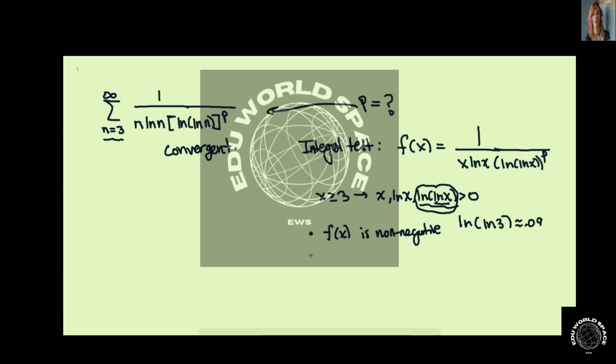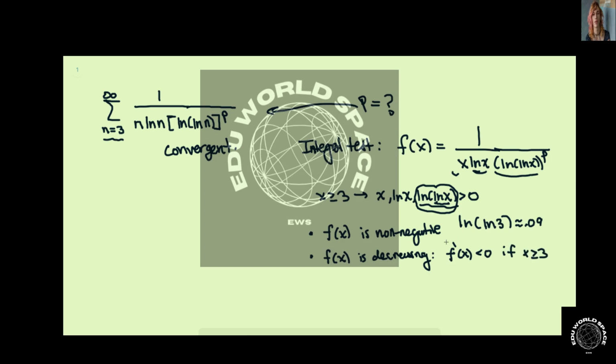Also, we need that f of x is decreasing. Now, the easiest way to see this is that as x gets larger, all these terms in the denominator also get larger. Another way to see this would be more difficult, but you could compute the derivative and then show it's negative if x is bigger than or equal to 3.